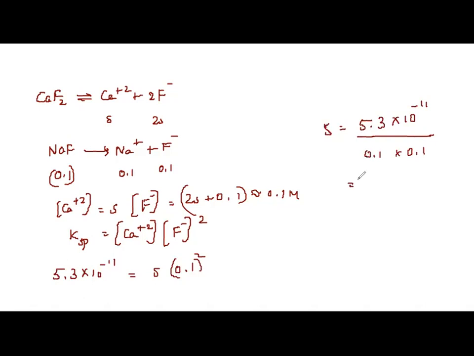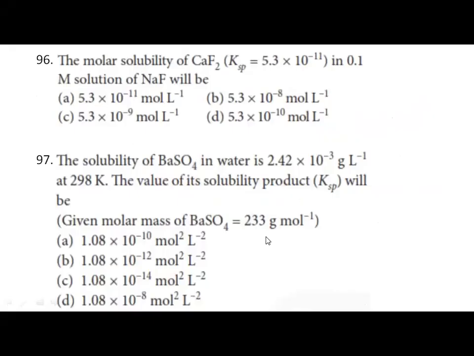So it is 5.3 into 10 raised to minus 9 moles per liter, or you can say 5.3 into 10 raised to minus 9 molarity. So molar solubility is 5.3 into 10 raised to minus 9. Which is the correct option? The correct option is 5.3 into 10 raised to minus 9 moles per liter. Option C is the correct option.